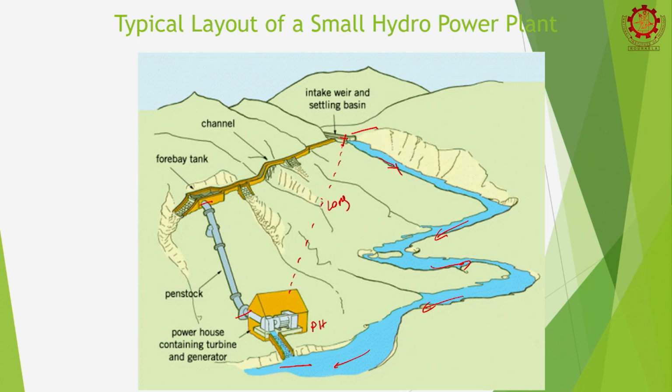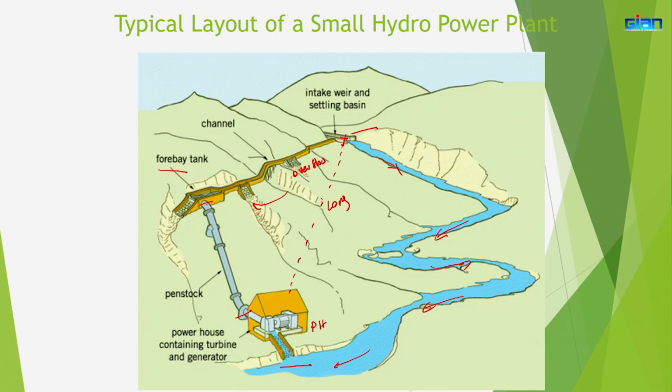So, there are a number of terms we use for this canal or channel, right. You can see there are some overflow canals here, and also another one here, and then there is a tank here, what we call the 4-bay tank, right, and we will see later why we need the 4-bay tank.